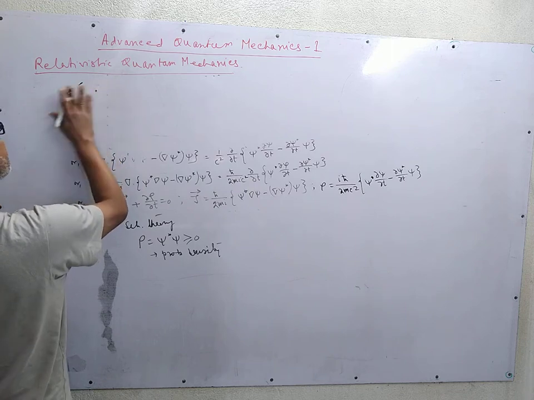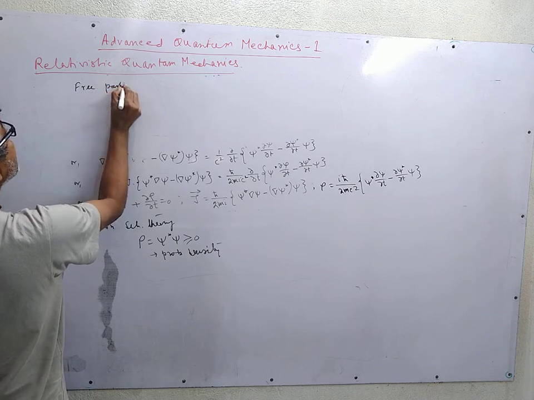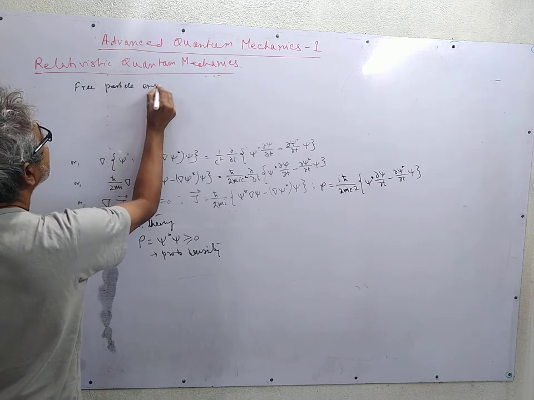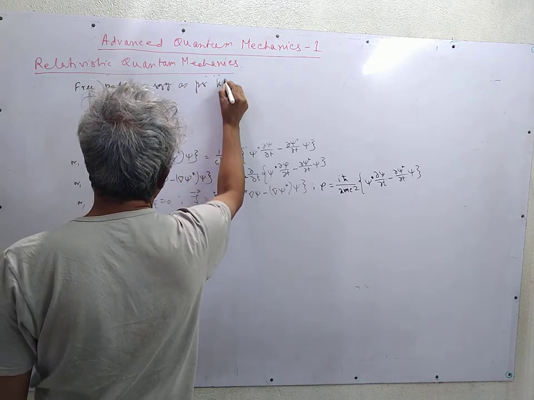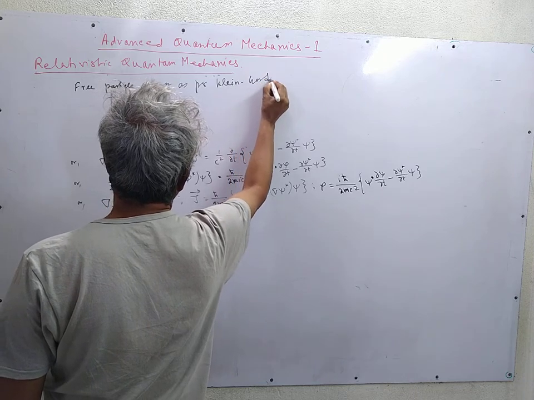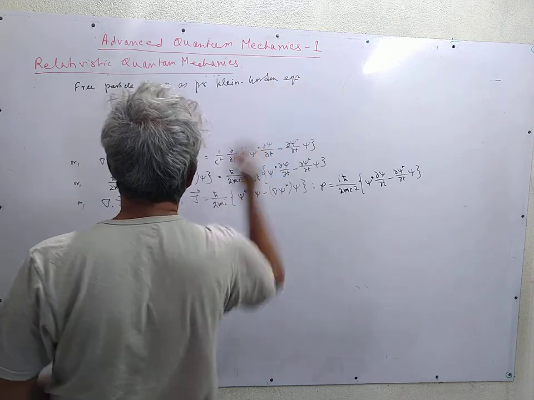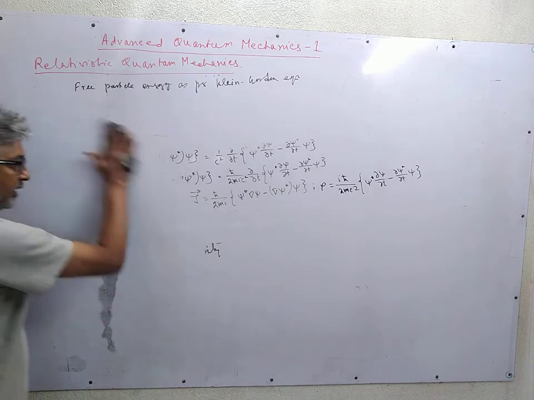Free particle energy, or rather we shall call it free particle energy as per the Klein-Gordon equation. We recall that in the Klein-Gordon equation the Hamiltonian is written by E square.